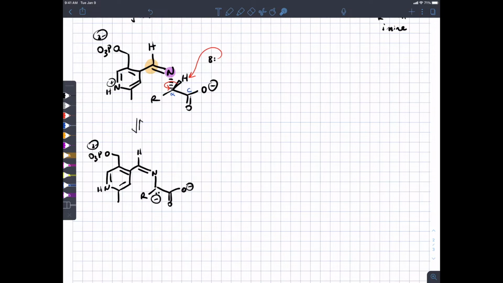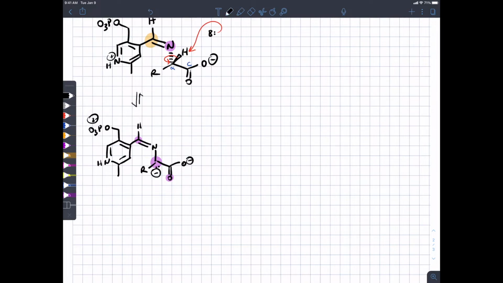All right, do you see how this negative charge is adjacent to that pi bond, but it's also adjacent to that one? So really, we have a 5-atom conjugated system here. And the negative charge could be on the oxygen, on the alpha carbon, or on this carbon from the imine.